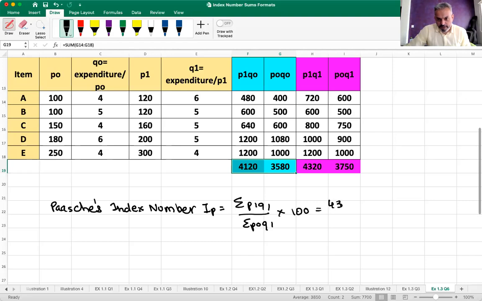So 4320 upon 3750 into 100, which is equal to 115.20.